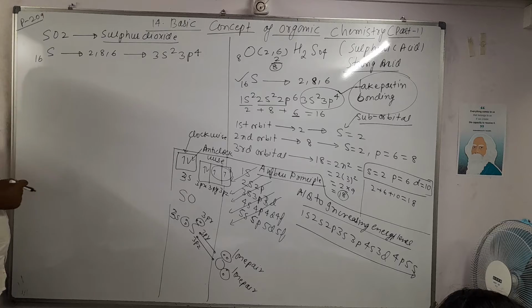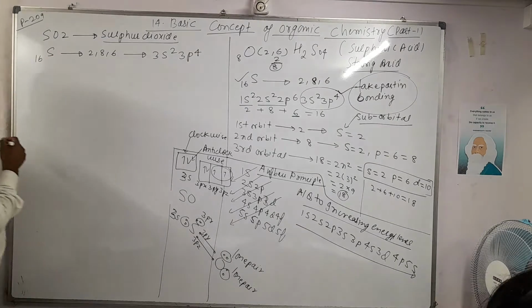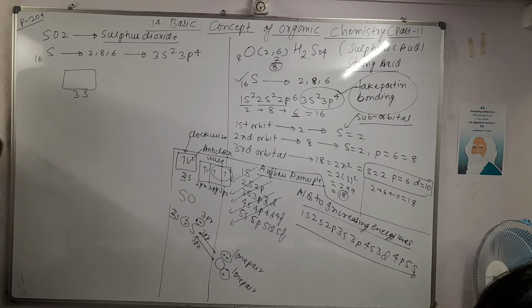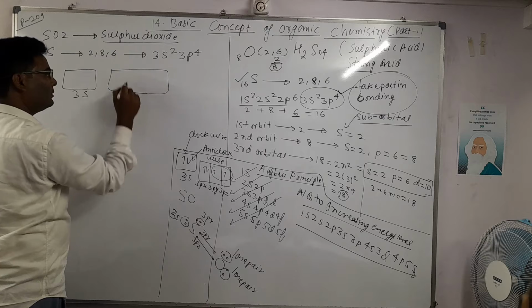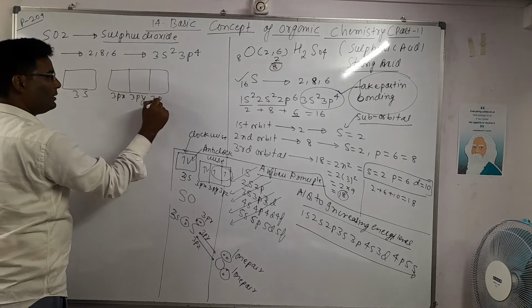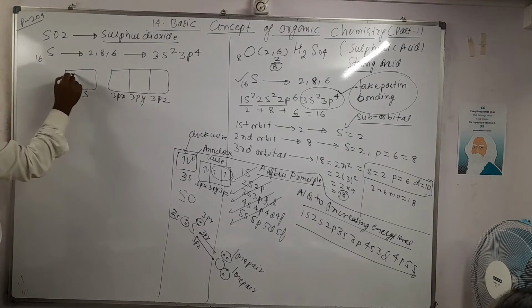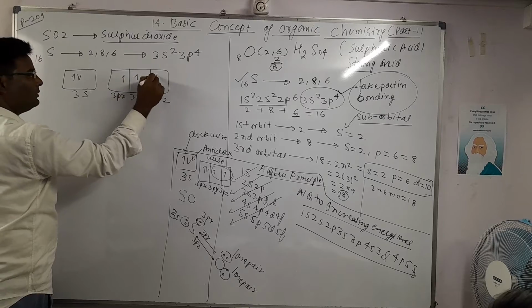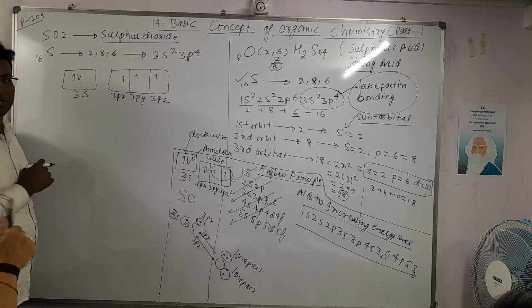So it is 3s2 3p4, right? In the third orbit it is 3s, and then 3px, 3py, 3pz. So there are 2 electrons in the s orbital and 1 electron in each orbital of p, right?